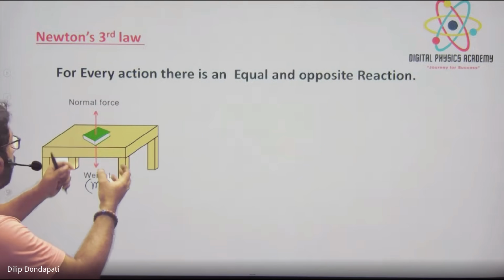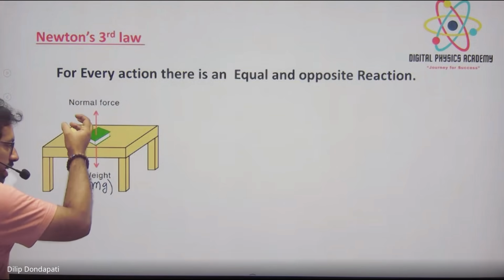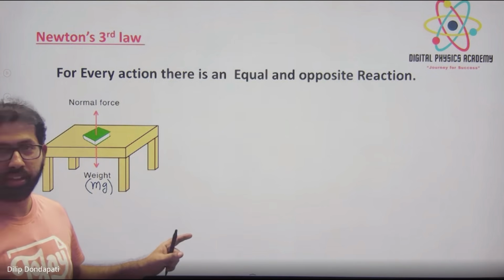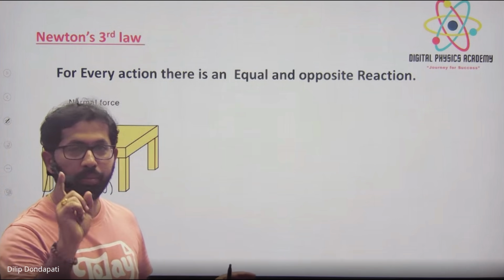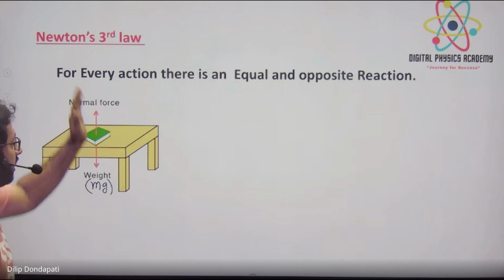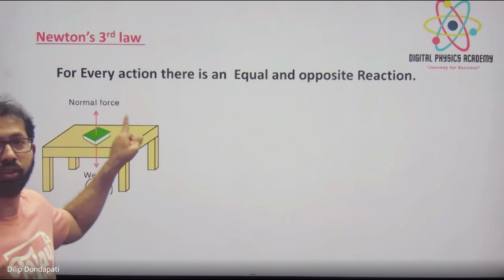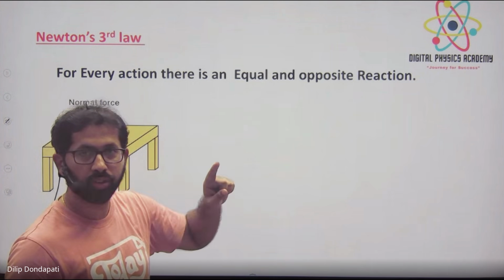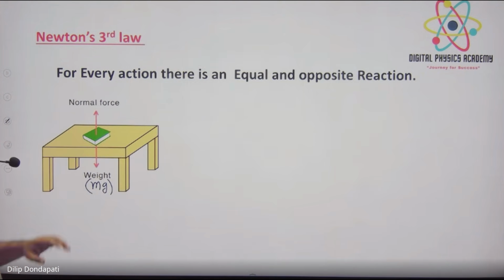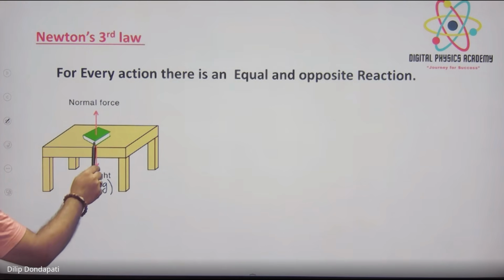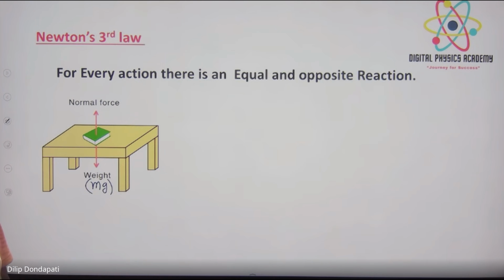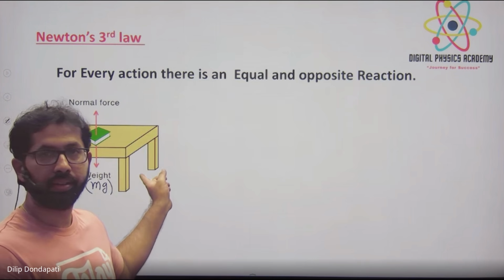It would break the table and go below the earth. But this is not happening. That means some other force in exactly the opposite direction is balancing the weight. That force is called the normal reaction force. Now see, whether they are an action reaction pair, tell me.